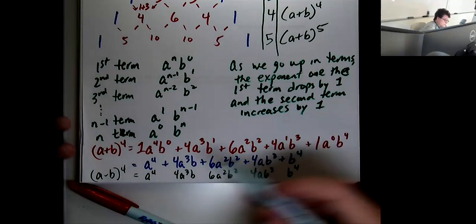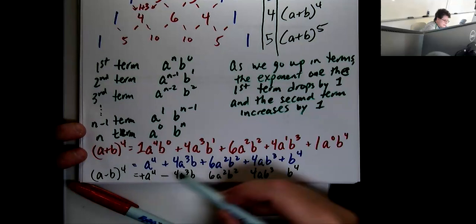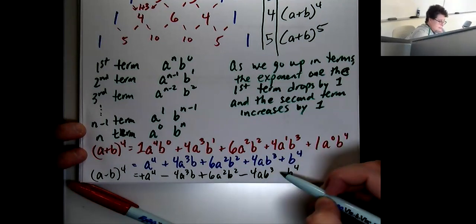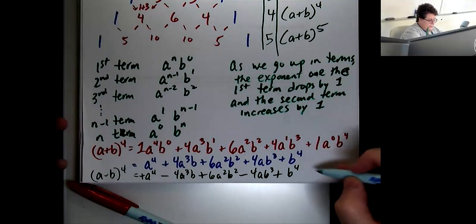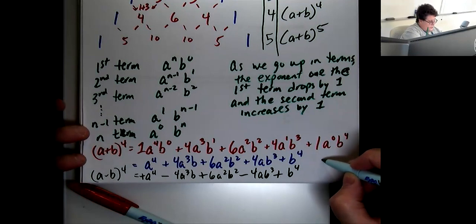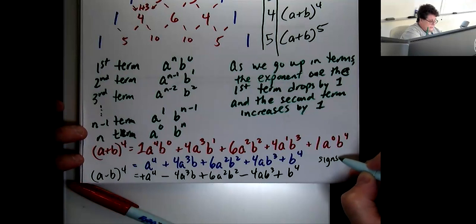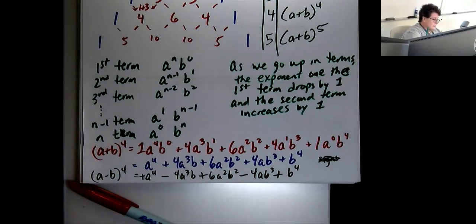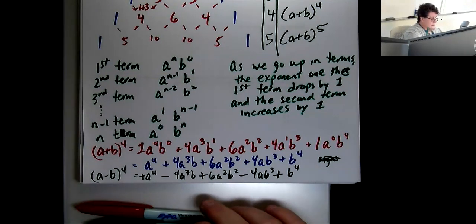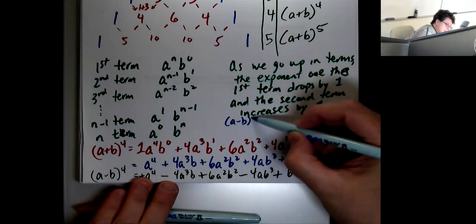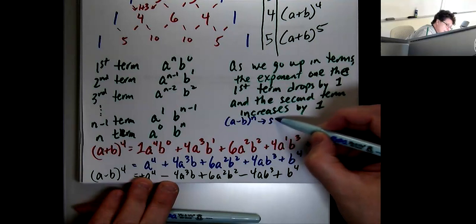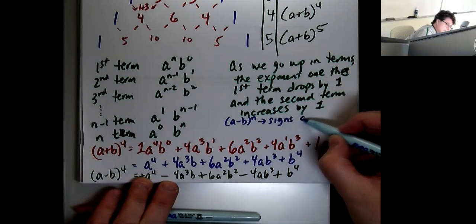But the first one is positive and the second one is negative, and they alternate signs. So on a negative, signs alternate. A minus B to the n: signs alternate starting with a positive.